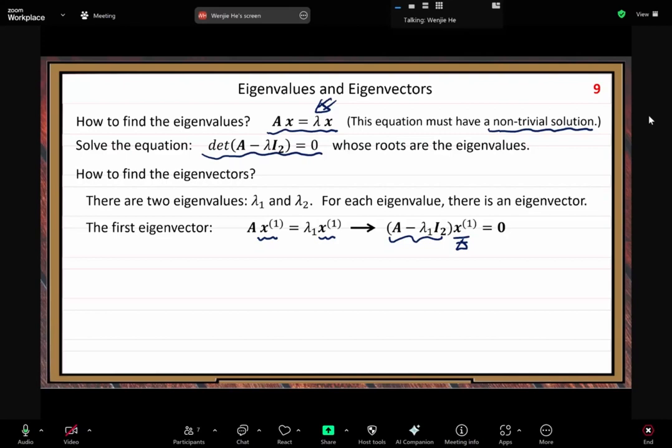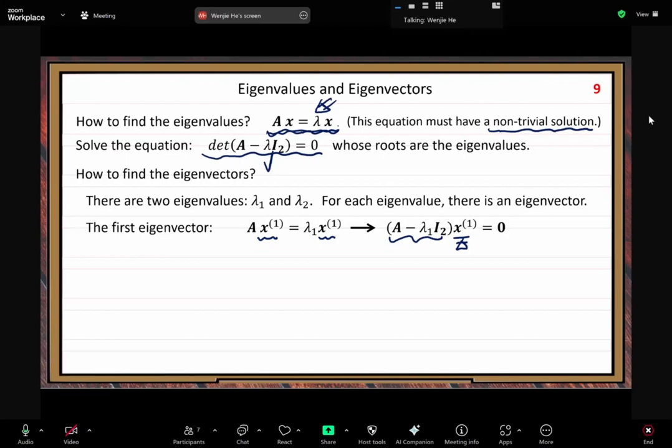Why? The reason is very simple, because this condition holds. Because we find lambda 1 from this equation, this equation implies that the non-trivial solution for this original equation must exist. So that's why we have the confidence that we can find the eigenvector.